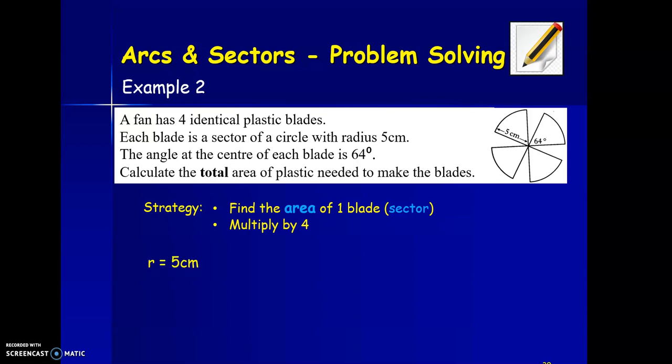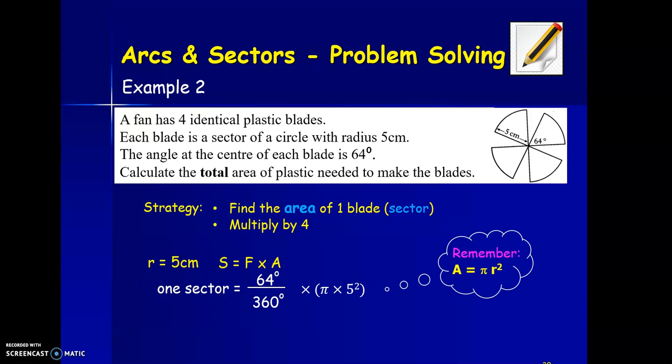So if we want to find the area of one sector, we need to know that the radius is 5 centimetres. And remember that our sector is equal to a fraction times the area of the circle. So one sector, or one blade, is equal to 64 divided by 360 times pi times 5 squared, because area is pi r squared.